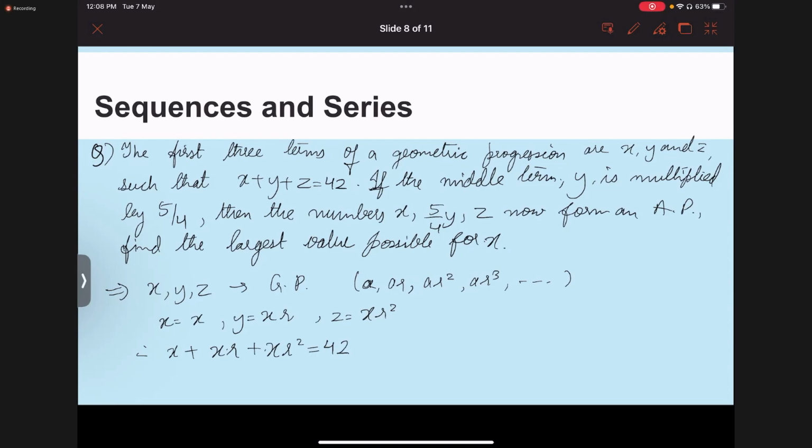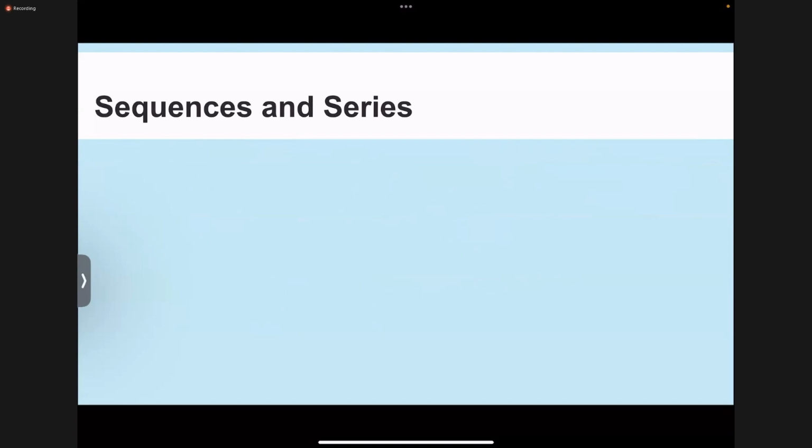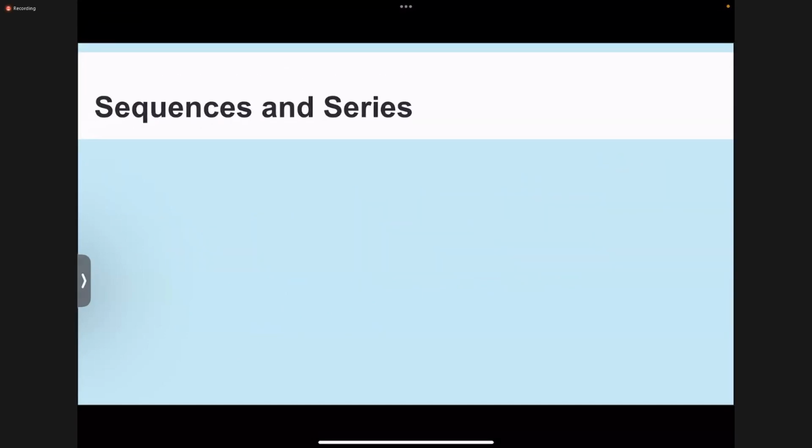Okay. Now we know that the middle term, when it is multiplied by 5 by 4, becomes an AP. Okay. So therefore, 5 by 4 y can be written as 5 by 4 xr.